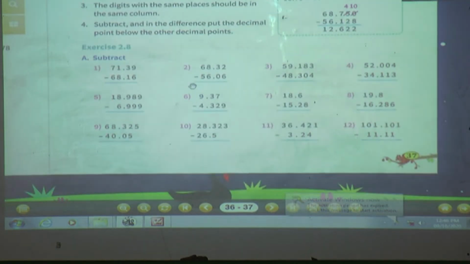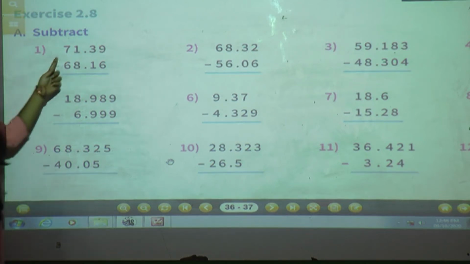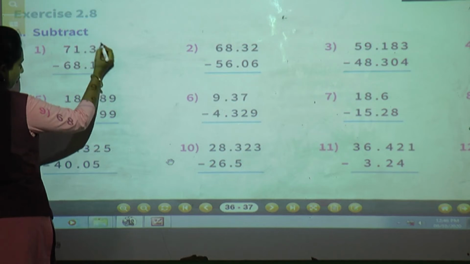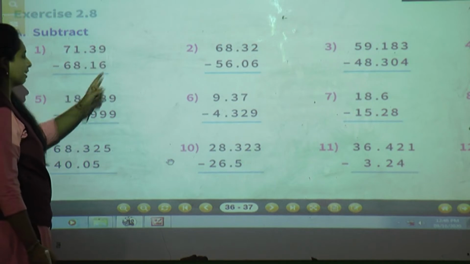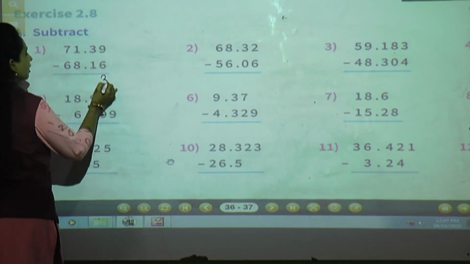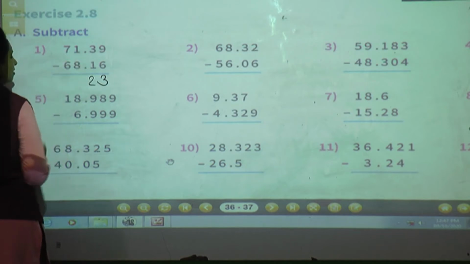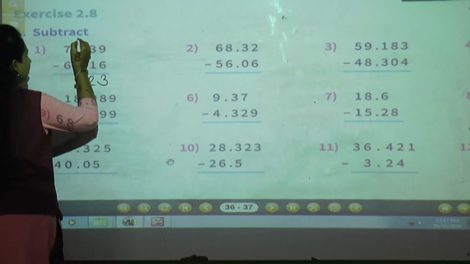Okay. Let's solve. The first one I will solve. Now what is the first one? 71.39, 68.16. Now start from the hundredths place. 9 minus 6 is 3. 3 minus 1 is 2. 1 minus 8 we cannot. So what do we have to do? Cut the 1, write it as it is.